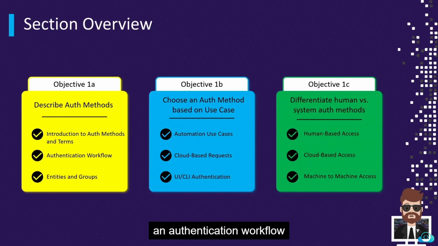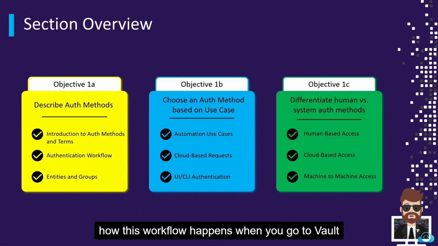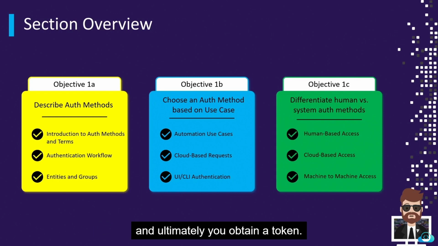We'll walk through an authentication workflow so you better understand how this workflow happens when you go to Vault and you provide your credentials to Vault and ultimately you obtain a token. We'll talk about what happens between when you initialize that connectivity and then you ultimately get your token at the end. And finally, in this objective, we'll talk about entities and groups. We'll talk about what they are and why they're important.